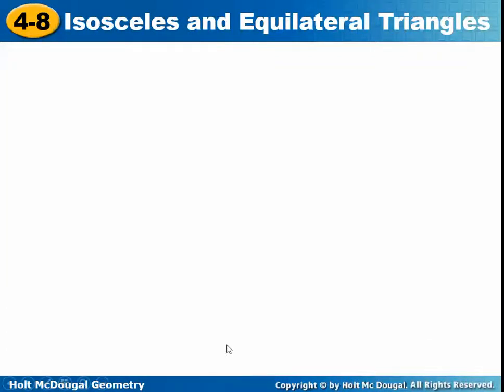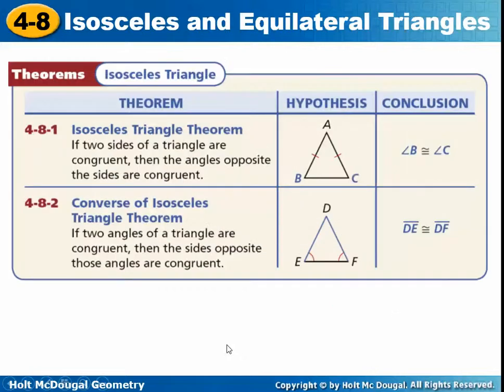Our first theorem is the isosceles triangle theorem. These both have to do with the same thing; one's the converse. If 2 sides of a triangle are congruent, then the angles opposite the sides are congruent. An easier way to say this is, in an isosceles triangle, the base angles are congruent.